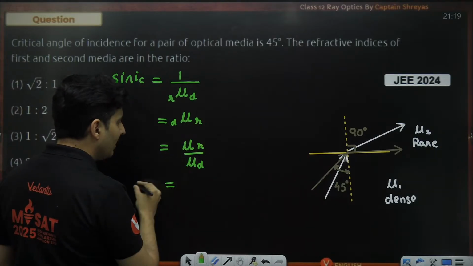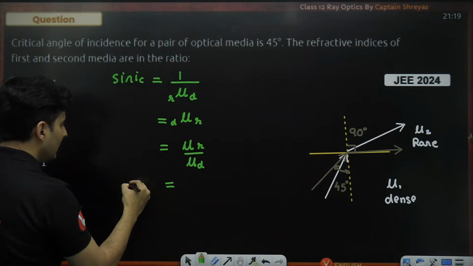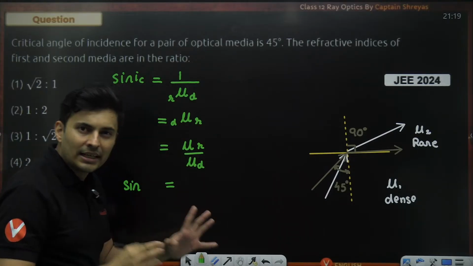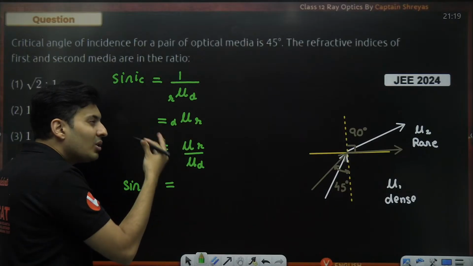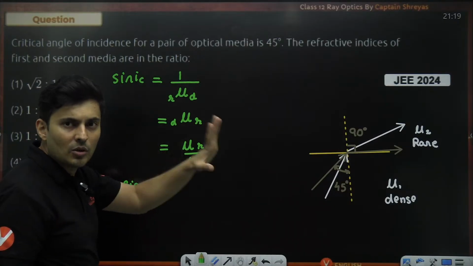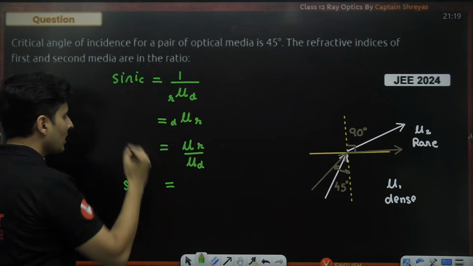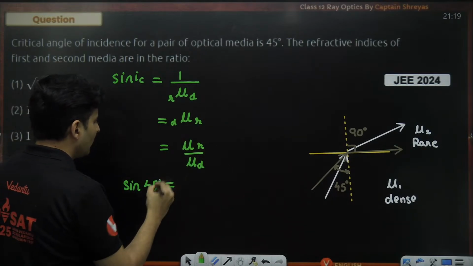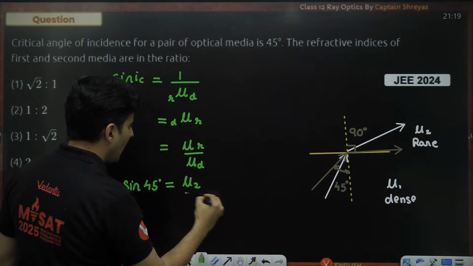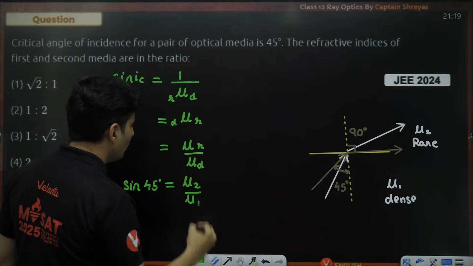Okay. Over here in this particular context, critical angle is 45 degrees. See, I'm strictly following the rules. I'm not getting confused. If you do some weird mental math and mental visualization, you will definitely get a wrong ratio. Critical angle's value is 45 degree. Rare medium is mu2 over here, and the dense medium is basically mu1 over here.